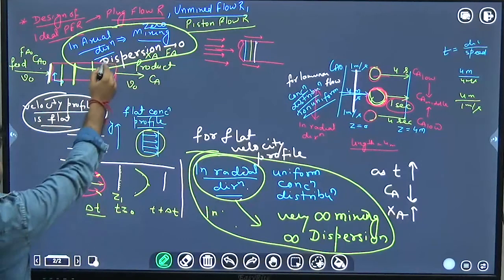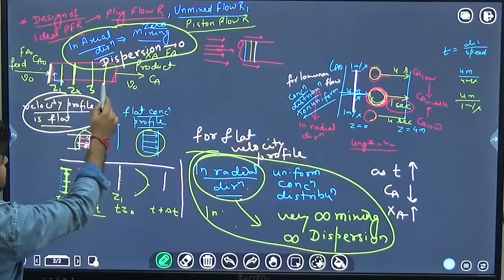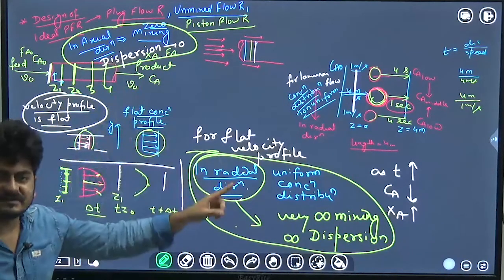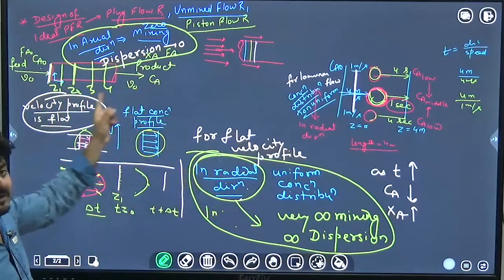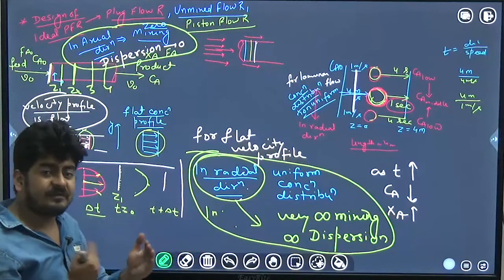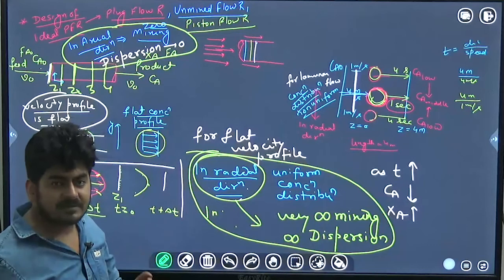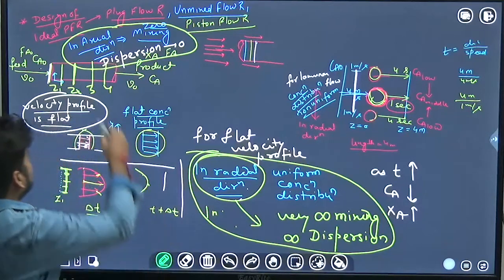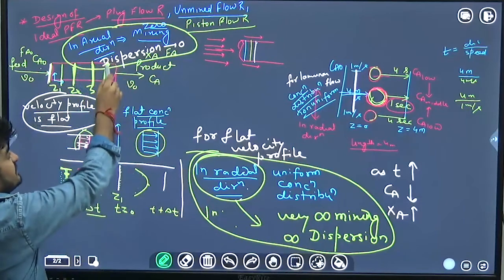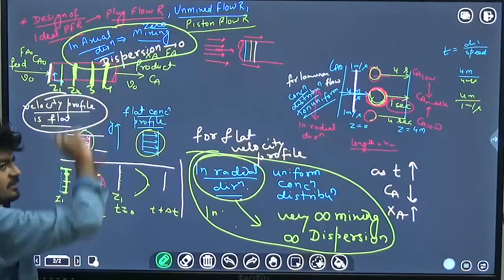If I consider these four vertical layers, this is at Z1, Z2, Z3, Z4. All these vertical layers are at different distances, so their concentration will be different. Each vertical layer will have a different concentration with respect to each other, but throughout a vertical layer, concentration will be uniform. Here concentration will be Ca4 throughout, here Ca3 throughout, here Ca2 throughout, like this.